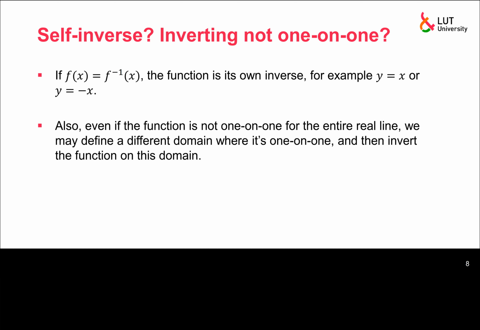For example, y equals x is the same function as its inverse. In statistics, depending on which one is the variable you can change, we call them the controlled variable and the dependent variable, but those are both variables still.